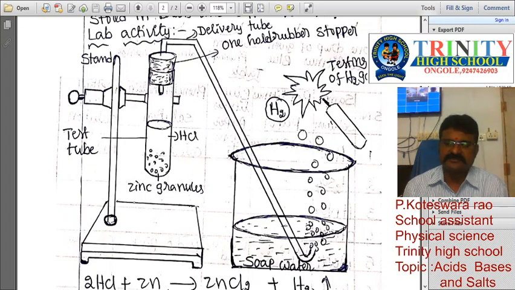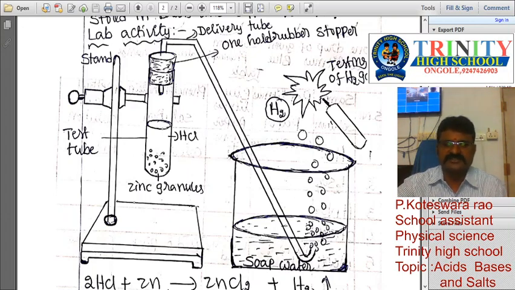What is the result? That is our aim: reaction of acid with metal. What about our materials required? If you observe the diagram, there are some materials.